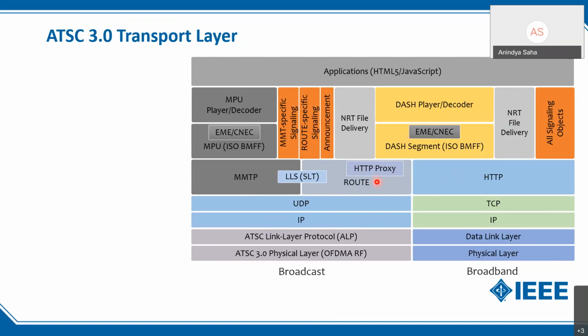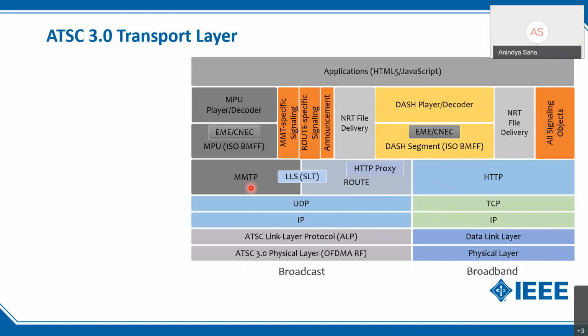So by the choice of ROUTE and DASH at the top layer, we are making sure that a particular content can be received via broadband as well as broadcast. Now, MMTP is multimedia transport.